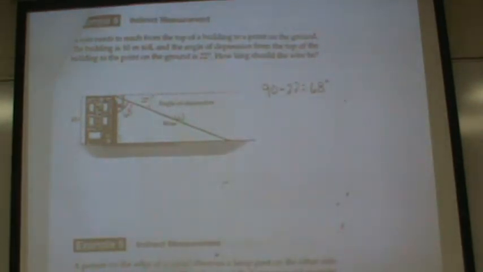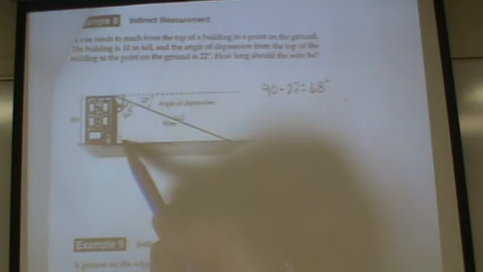So now that we have that angle, how can we find our W? Our W, remember, is our hypotenuse in this case, because it's across from this right angle that the building and the ground make.